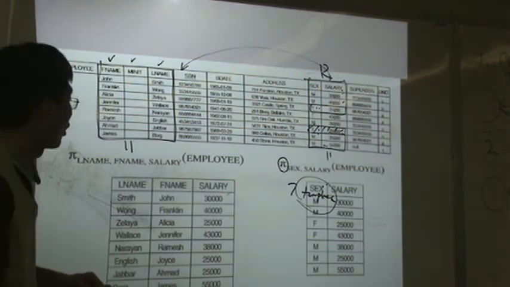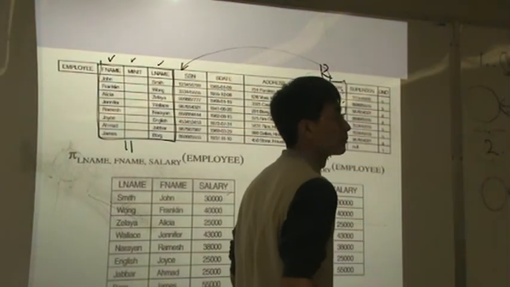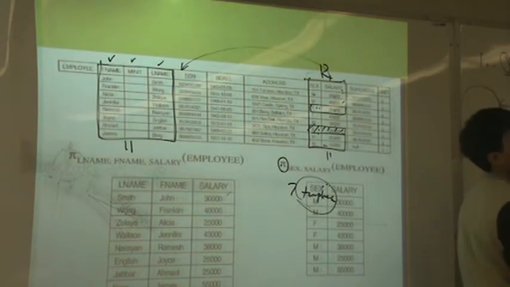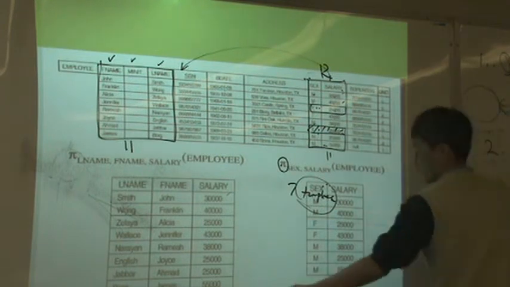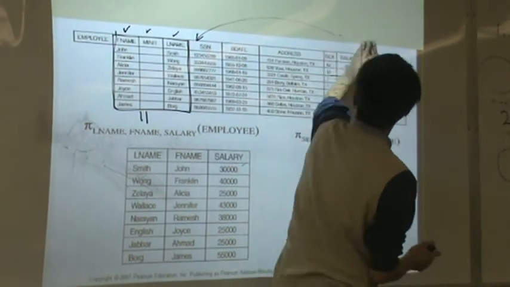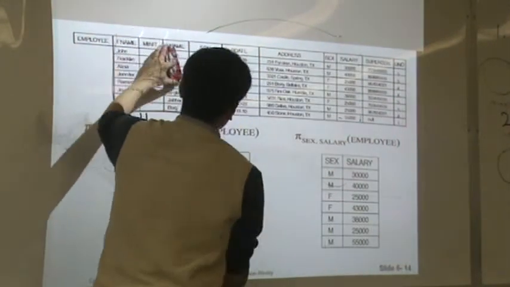So the output of this one, if it's sigma, then it will return the duplicate data, even though select or any operation does not allow such duplicate data because it's a relational operation. So the output of this one is like this.